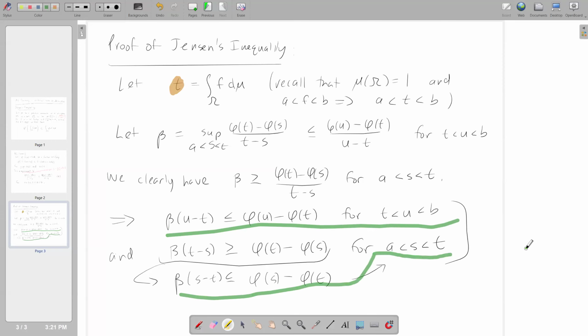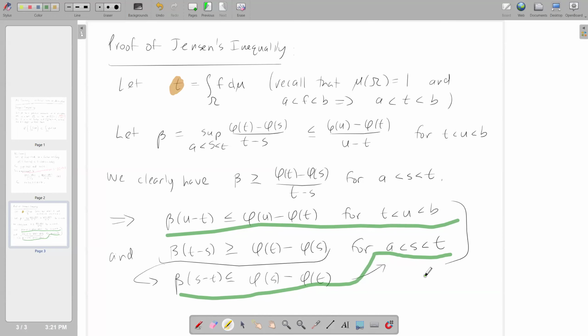But here the u value is allowed to be in this region, and here the s value is allowed to be in this region. If I actually take t, then they're equal: the left-hand side is 0 and the right-hand side is 0.